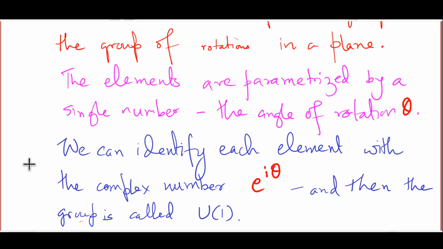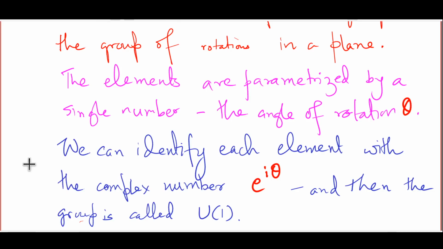So these 1 by 1 matrices are actually unitary 1 by 1 matrices, and that is why the group is called U(1). We will have a lot more to talk about U(N) soon, but this particular group is what we call U(1). This is the simplest Lie group that we can think about.